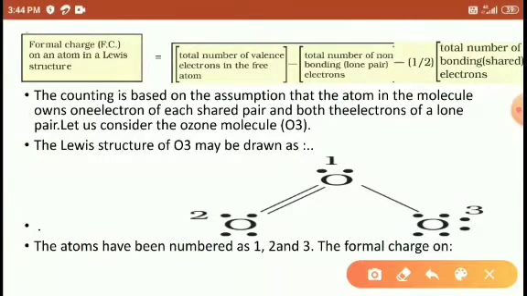In your textbooks, the formula is given as: formal charge is equal to the total number of valence electrons minus the total number of non-bonding electrons minus 1 by 2 the total number of bonding electrons. This counting is based on the assumption that in a molecule, the atoms share each shared pair equally, while both electrons of a lone pair belong to the atom. Let us consider the ozone molecule.